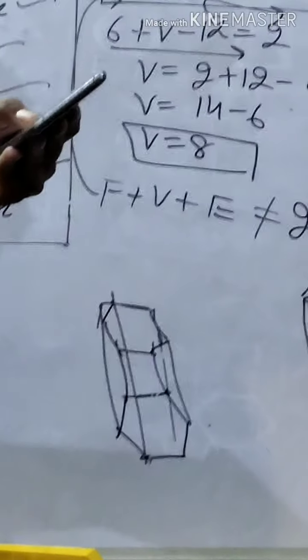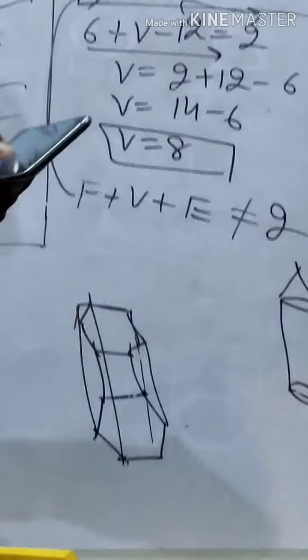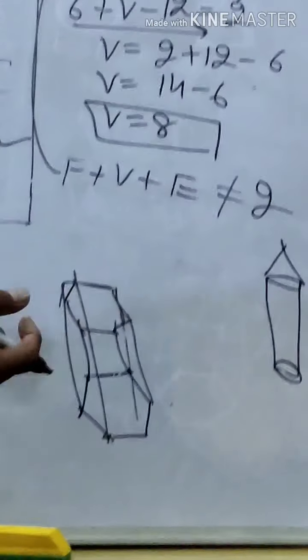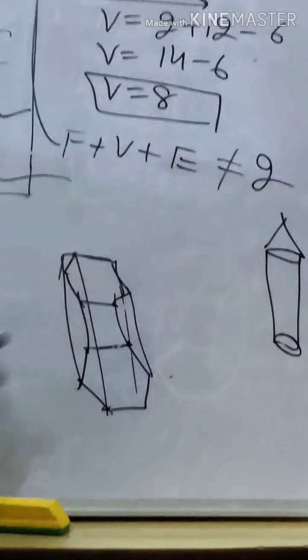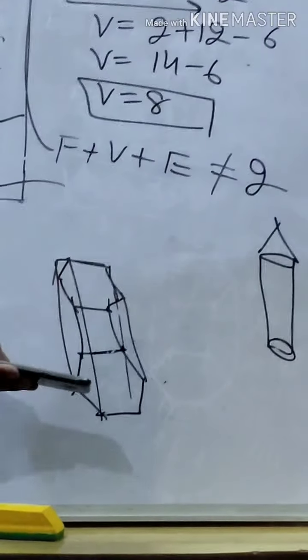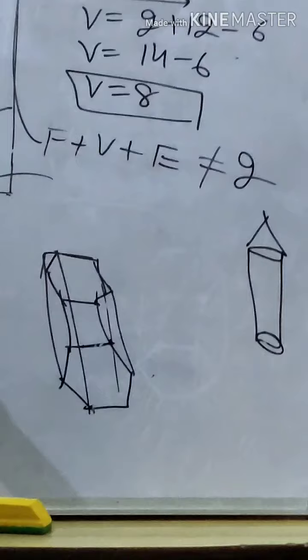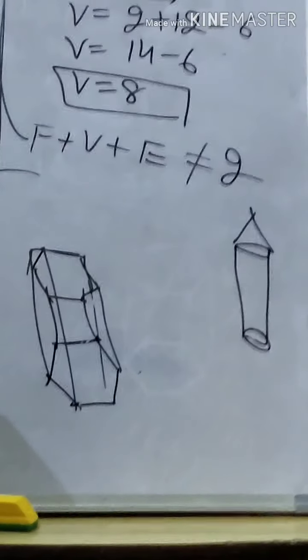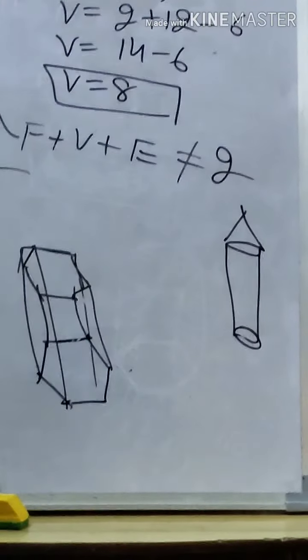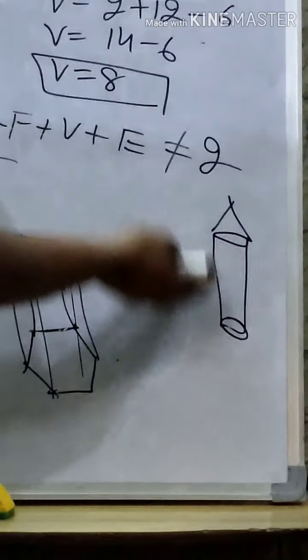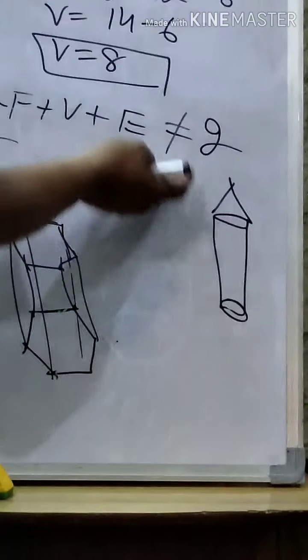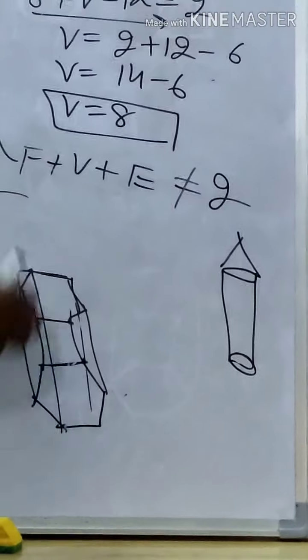Then the options are cone, cuboid, cube and prism. I will say prism. Why? Because a prism is one whose base and top are the same polygon, either triangular, quadrilateral or hexagonal. Clear? So it is a hexagonal prism.